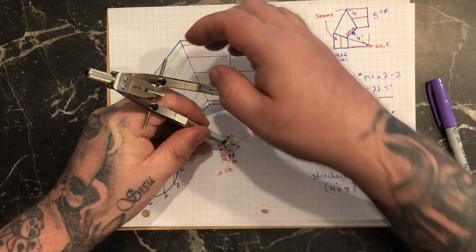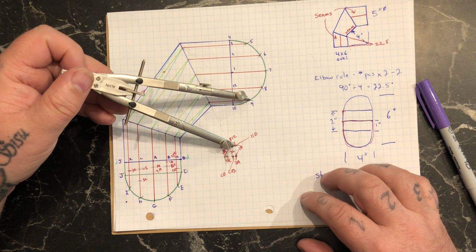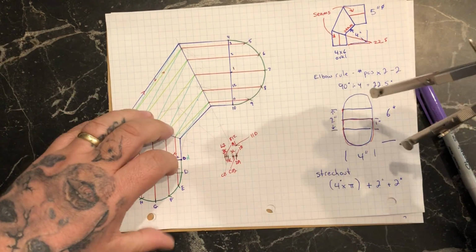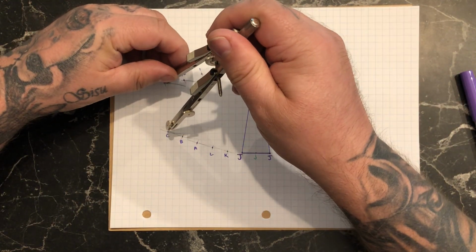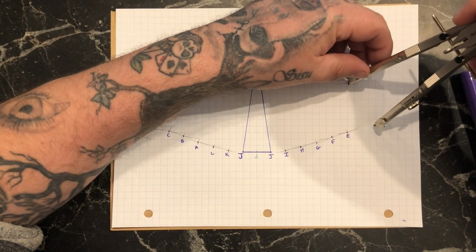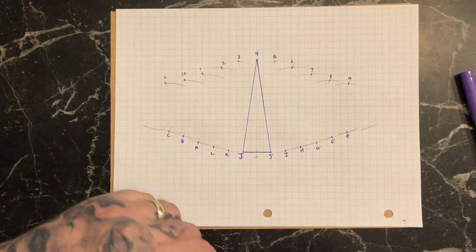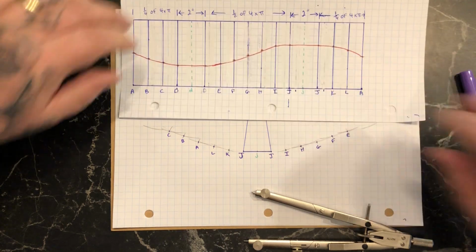So anyway, once I get that dimension there, that's my hypotenuse now. 11 to D. And I'm just going to put it on here. 11 to D. And I get my C to D.